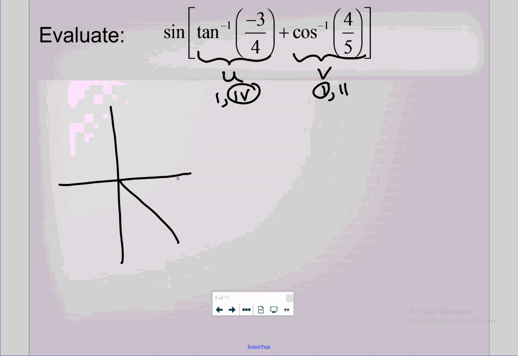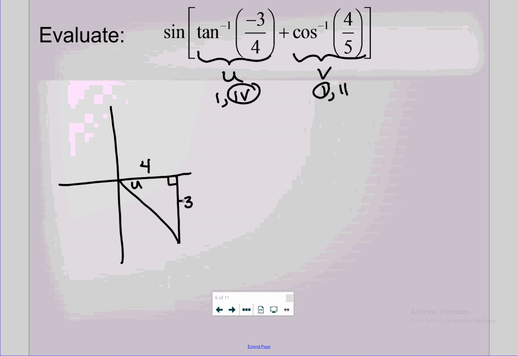U is in quadrant 4, and I know its tangent, opposite over adjacent, is 3/4. One of them is negative. Which one makes sense to be negative? 3, -3/4.